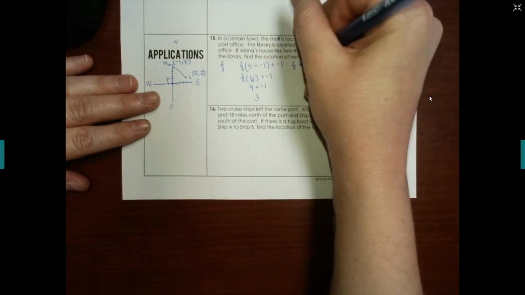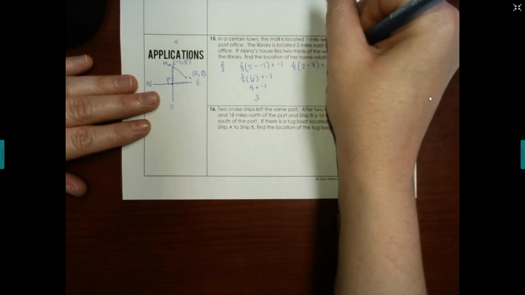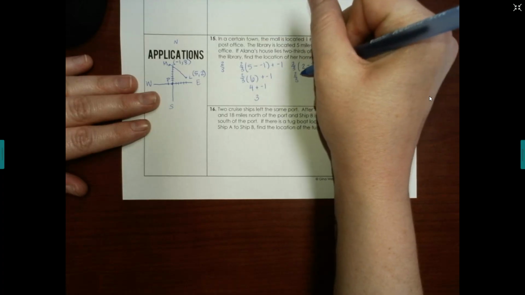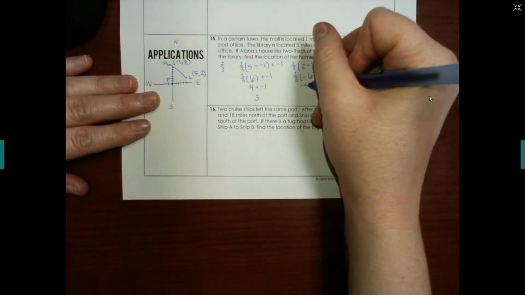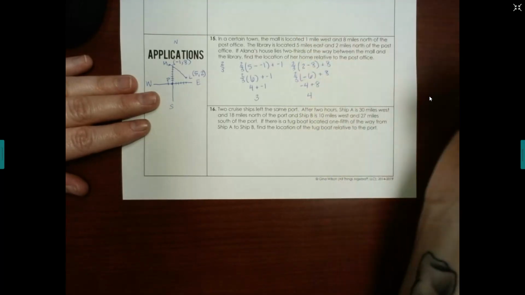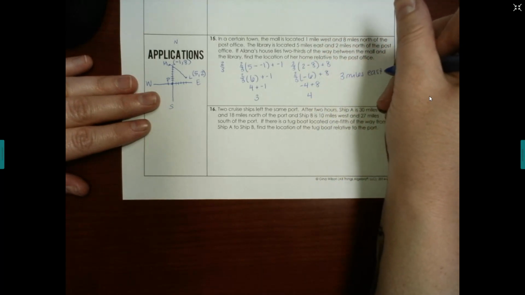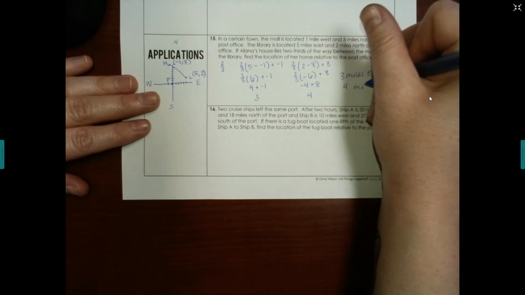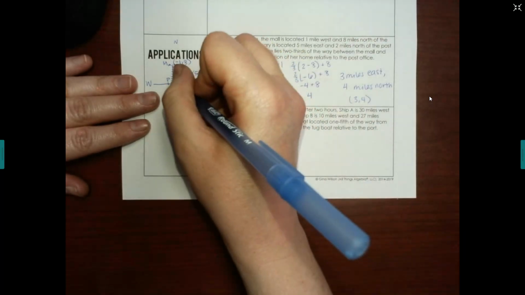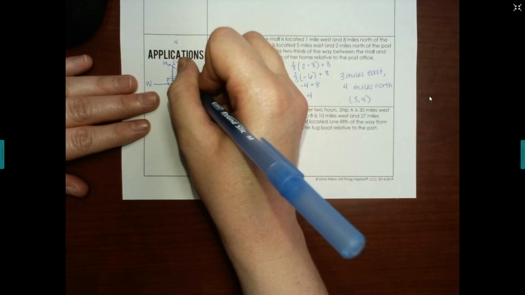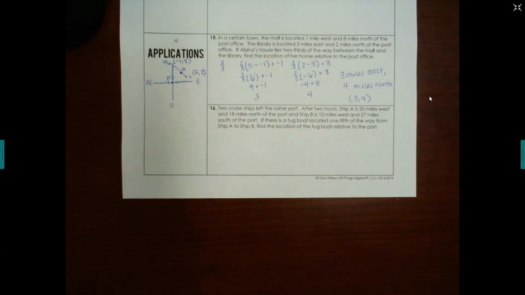And then for our vertical, 2/3, 2 minus 8 plus 8. 2/3 of that, -6, plus 8. So -4 plus 8 is 4. So it's going to be 3 miles east, 4 miles north, right? (3, 4). And you can sort of count 1, 2, 3, 2, 3, 4, right there. Alana's house.